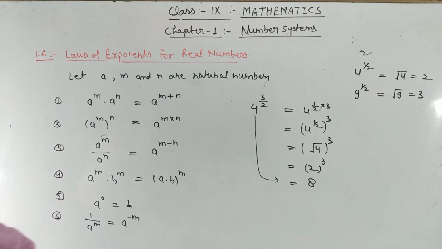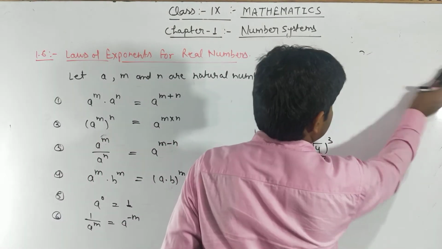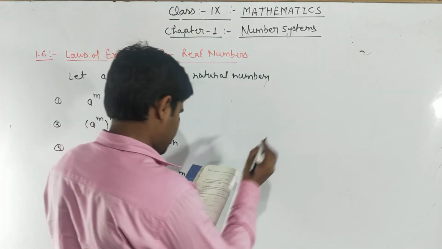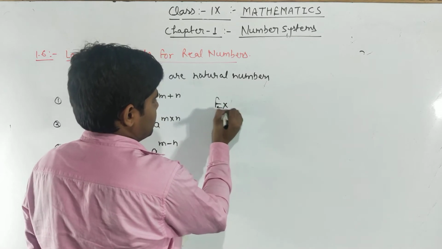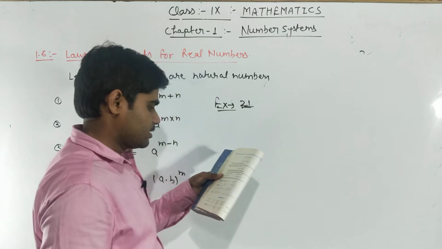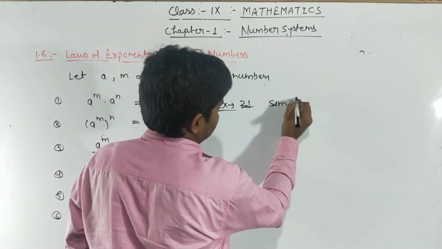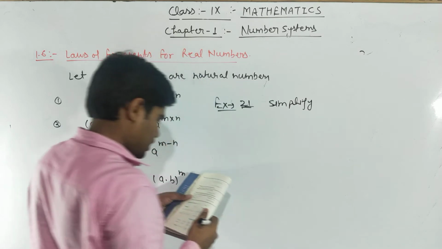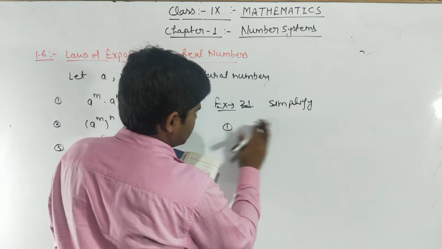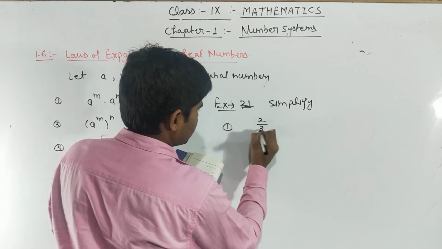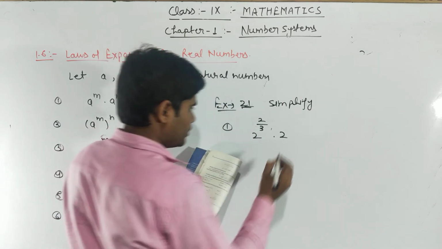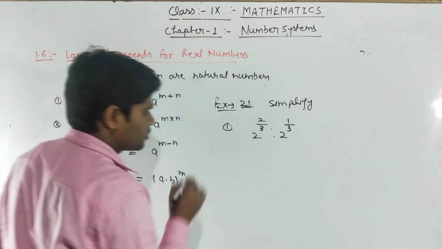Next sum, example number 21. Example number 21, page number 26. Find the value of, simplify. Number 1: 2 raised to the power 2/3 into 2 raised to the power 1/3. Solve it.